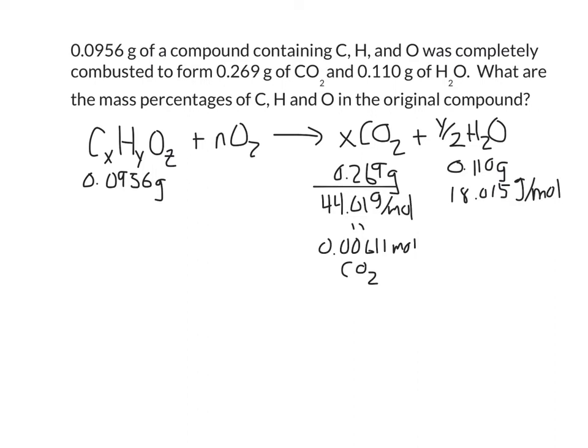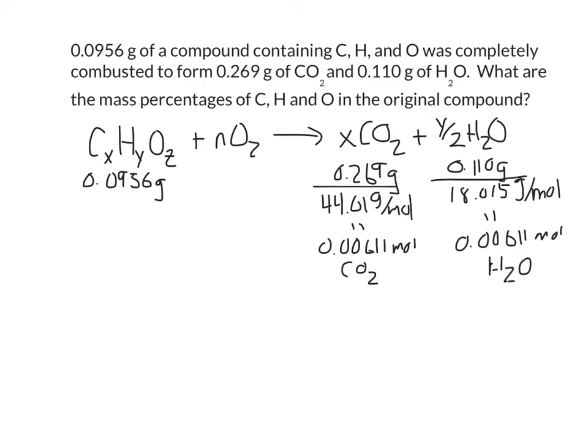Likewise, I can do the same thing for the water: 0.110 divided by 18.015 is equal to 0.00611 moles of water. Now, I don't want the number of moles of water or the number of moles of CO2.